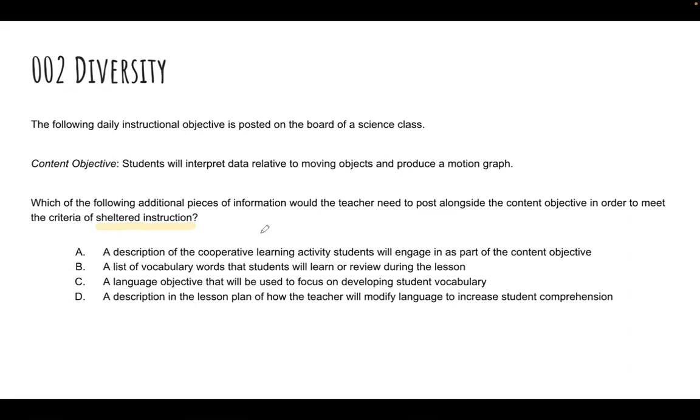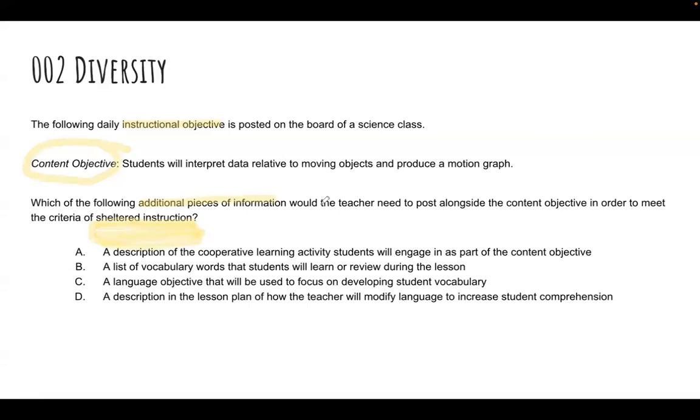What are we looking for? We have an instructional objective, which is here. And they're asking us for additional pieces of information, which would be reflective of sheltered instruction, which, as I've already given you a hint, has to do with our ELL population.